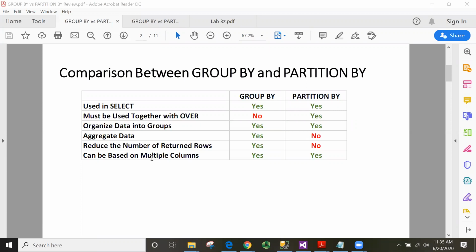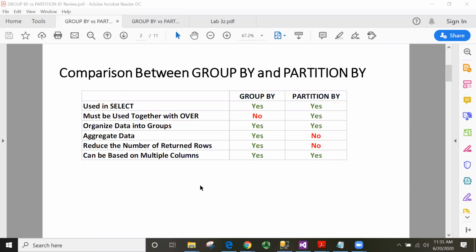Reduce the number of returned rows. This is related to data aggregation. Say you take 100 orders of a territory and calculate the total sales for that territory.